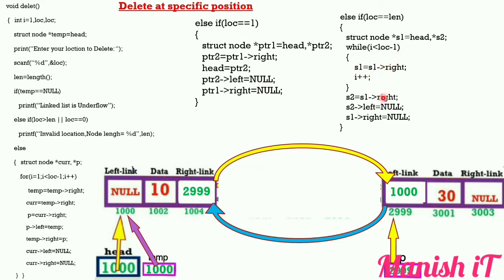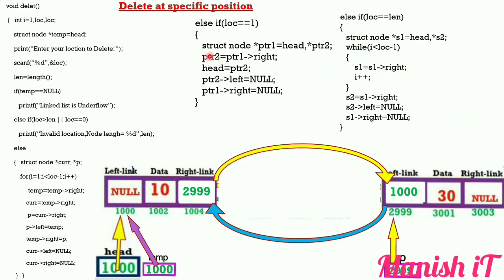After we reach the last node, we store that address. S2 is pointing to the last node, and S1's right is set. After that, S2's left is null, and S1's right is also null. So the connection between the last node and the respective node is left.